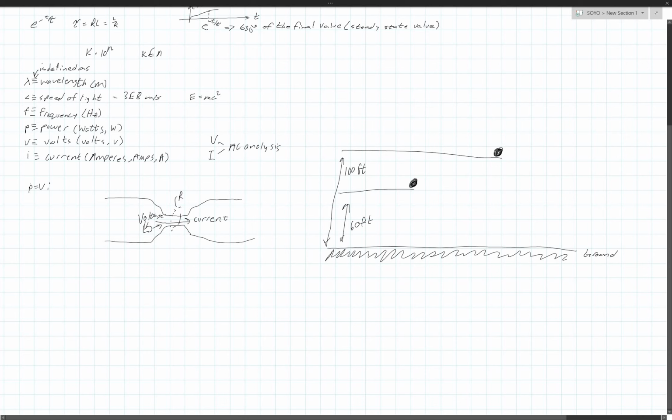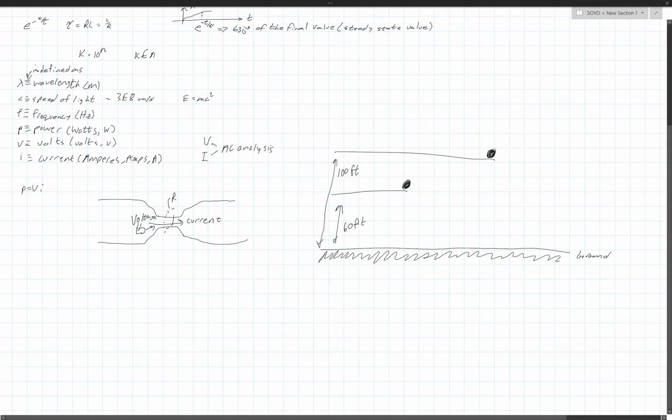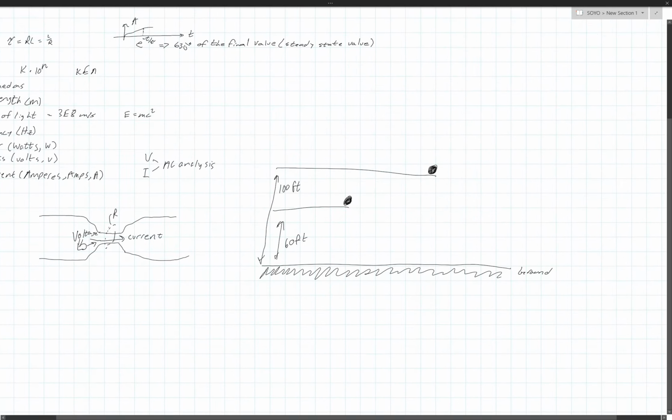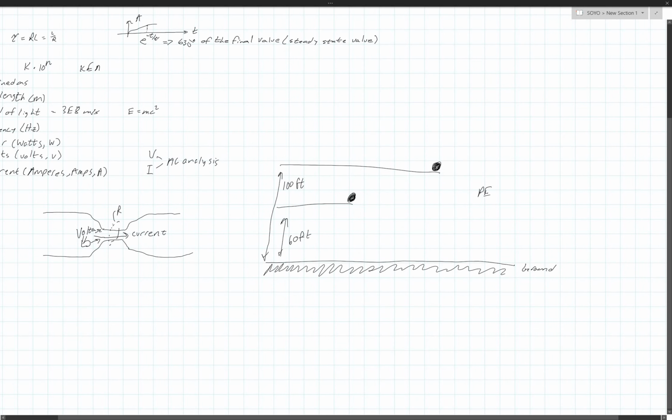Let's say we have a bowling ball in each one. Potential energy in physics is given by mass times gravity times height. Assuming these 2 balls have the same mass, which we'll call little m, they have 2 different potential energies.